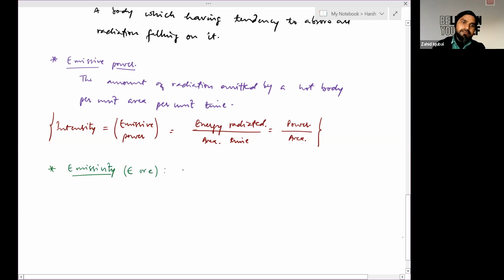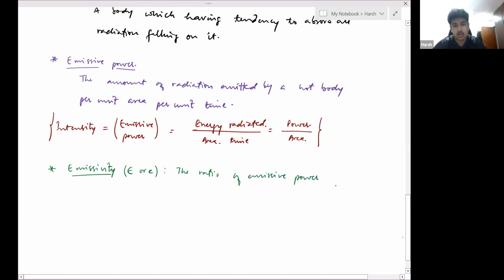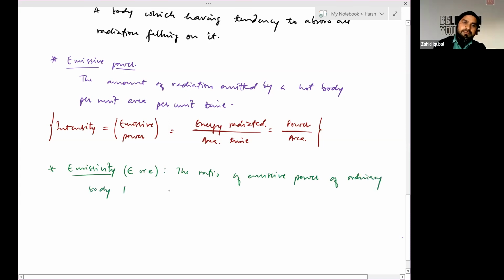It is the ratio of the emissive power of an ordinary body to the emissive power of a black body.